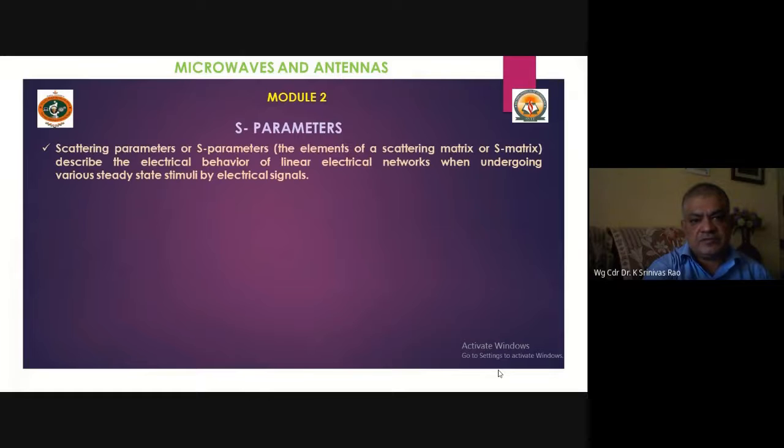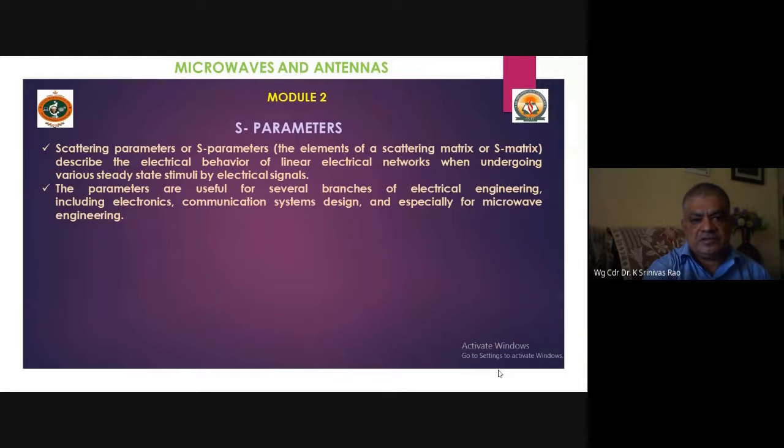So S parameters, as we know, are scattering parameters which describe the electrical behavior of linear electrical networks when undergoing various steady-state stimuli by electrical signals. The parameters are useful for various branches like electronics, communication system designs, and especially suitable for microwave engineering.